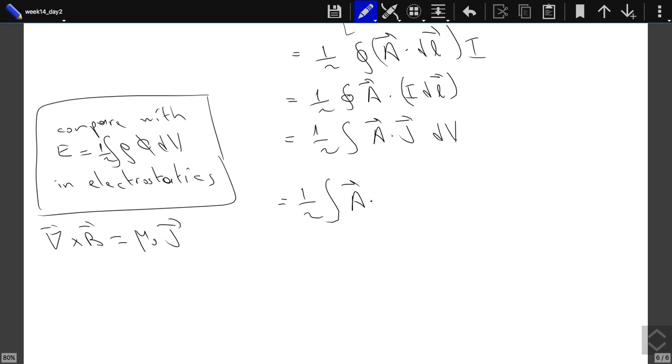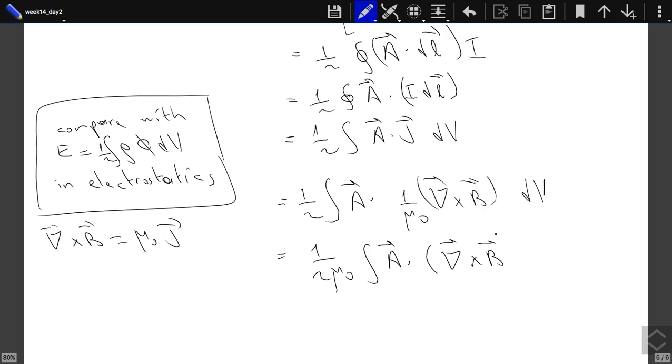Mu 0 J. So J is nothing but 1 over mu 0 curl of B. So we get 1 over 2 mu 0 A dot curl of B. Now it would be nice if we could move that curl over to A, because curl of A would just give me another factor of B. We would of course get a surface integral.